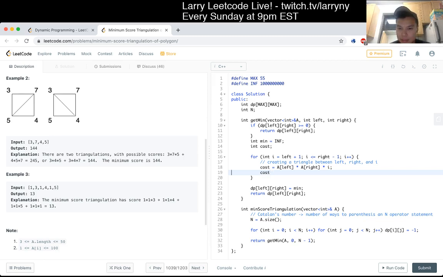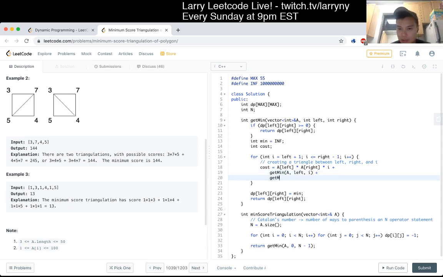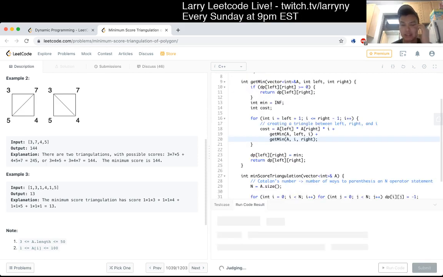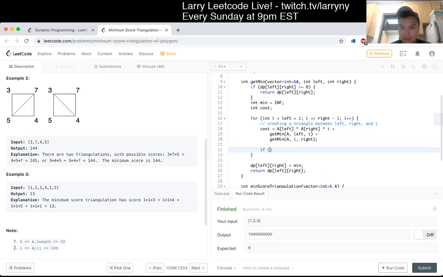And then it's this plus get min, cost of left to I plus cost of I to right. Oh, I didn't set them in.